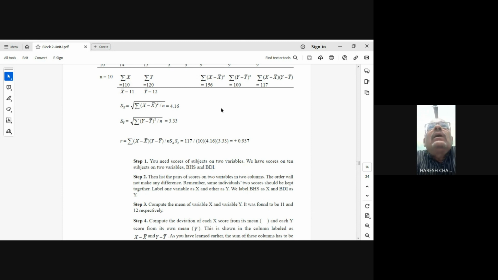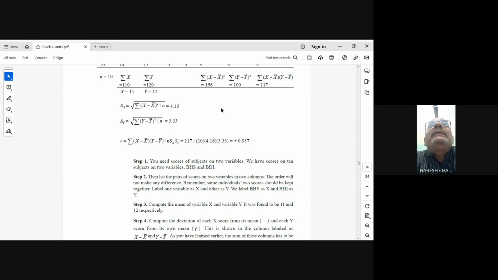That is called correction for correlation. If n is small, I will not be able to explain the logic now, but it is a correction term. And here our n is only 10. 10 is a very small number for getting any correlation. That is why the correction term is supposed to be applied here.